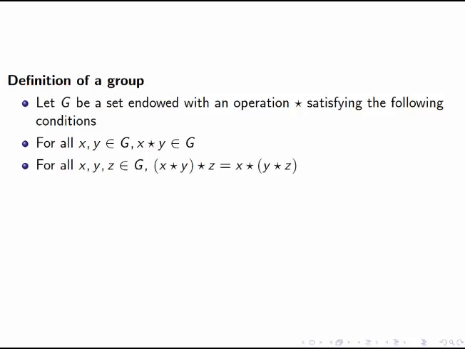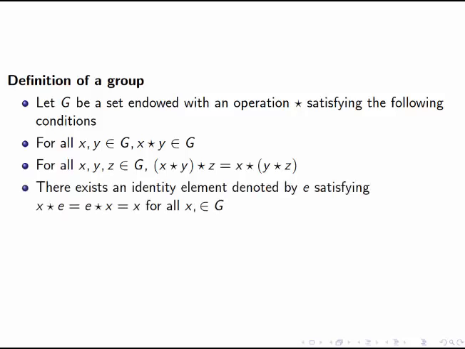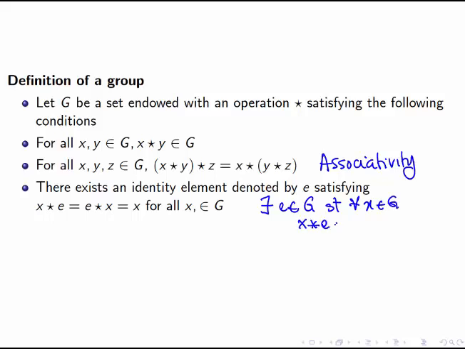It doesn't matter how you associate elements. So this is associativity, and the next property tells you that there exists an identity element. So there exists an element E in G such that for all X in G, X combined with E is E combined with X, which is X. So E is called the identity element or a neutral element.